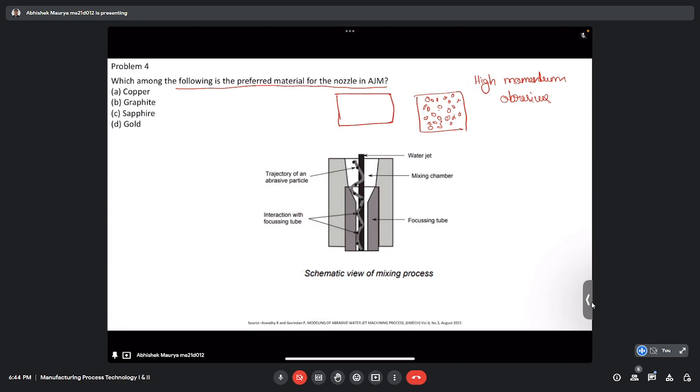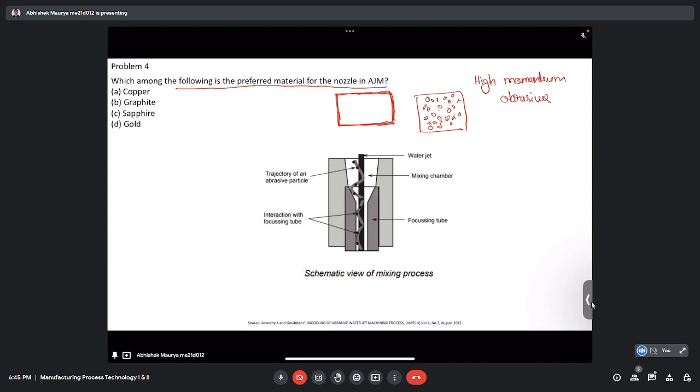It may be water or it may be air. If it is water, then we produce a high velocity water jet, and if it is gas, we use high velocity gas generated by a compressor. And to generate a high velocity water jet, we use a high pressure pump.